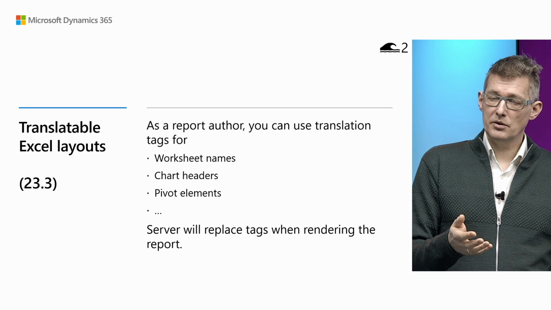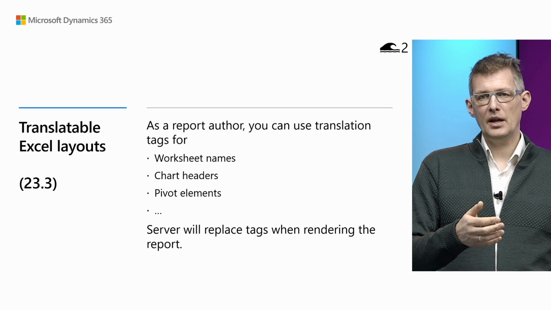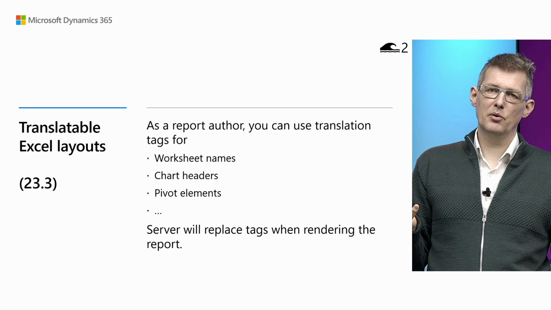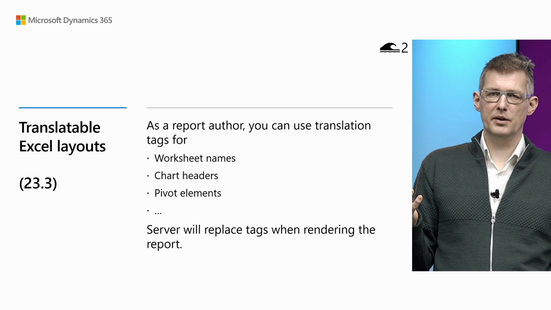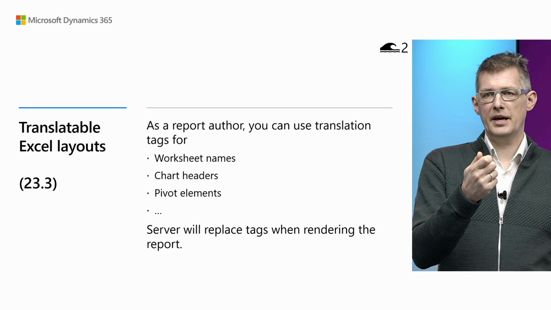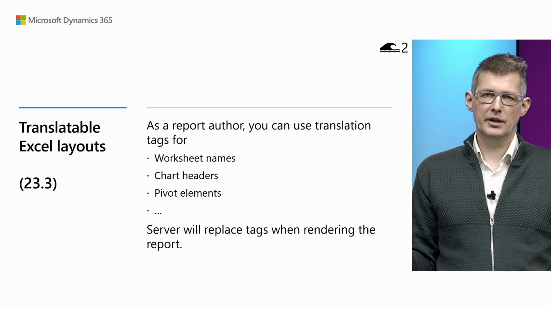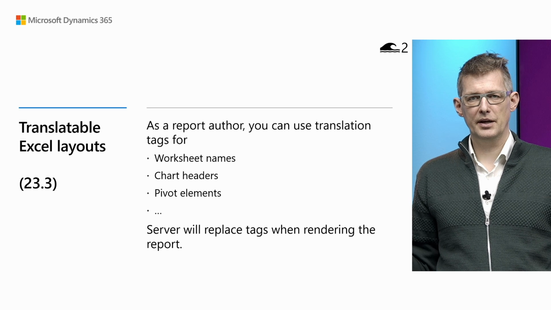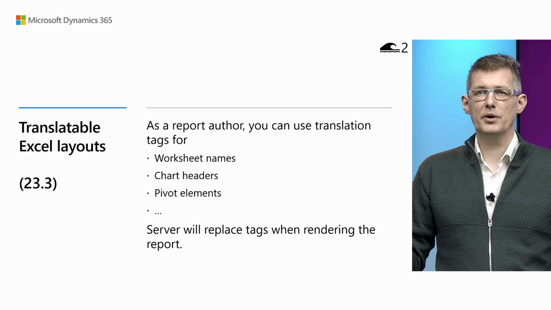When you lay out the Excel, and then upload it and people run the report with this Excel layout, the server will replace these tags with values so that the report is translated to the language of the user when they ran the report.